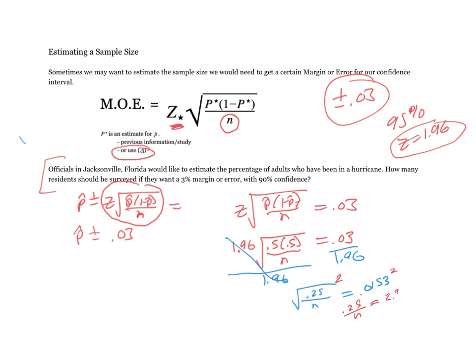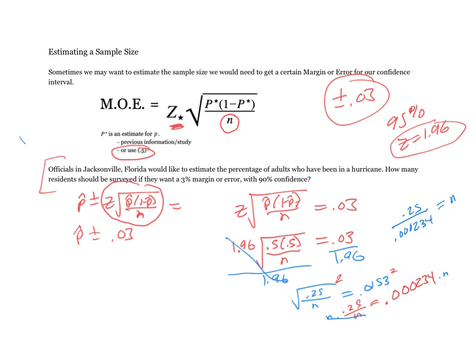And I get a kind of crazy decimal. I got 2.34 times 10 to the negative fourth, which means I move the decimal 4 places, so there'll be 3 zeros in here: 0.000234. And then to finish this, I'd multiply both sides by n, and then divide both sides by 0.000234.